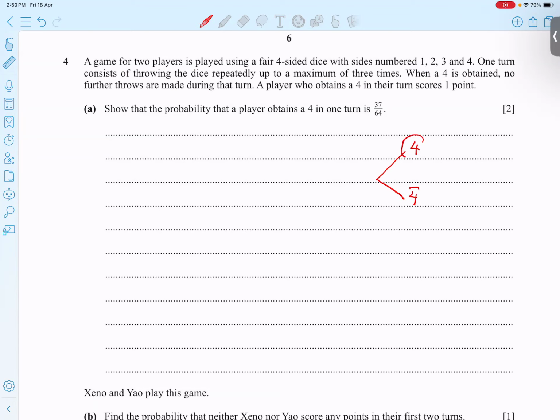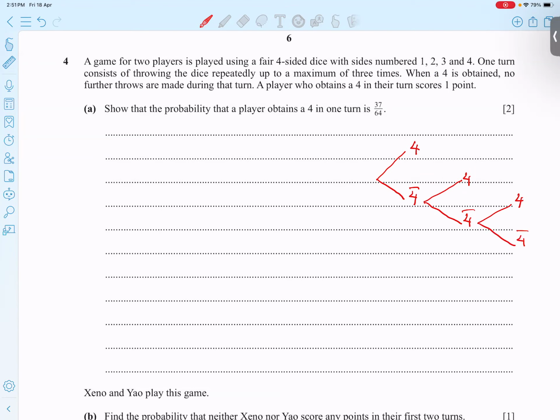When he gets a 4, he will stop at the same time, and if he does not get 4, he will try again. Again, if he gets a 4, he'll stop there. Otherwise, he will try a third time. So these are the chances.